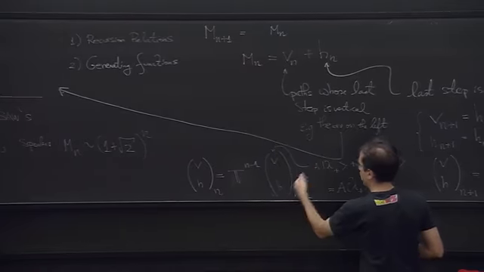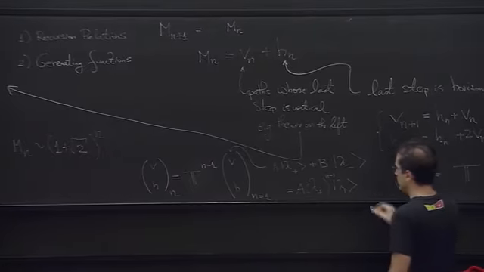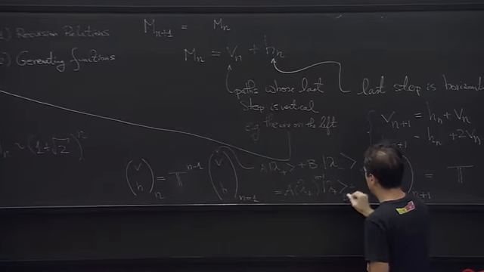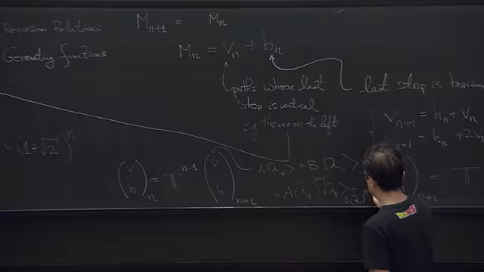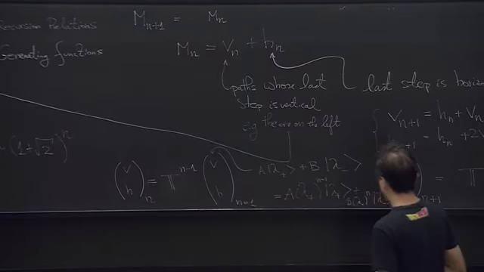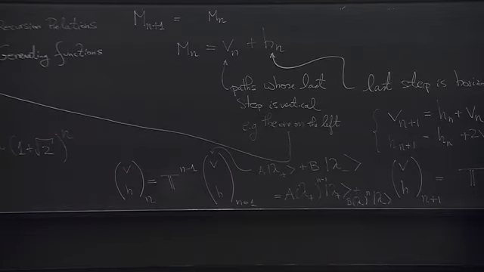This is a two-dimensional vector. I can always decompose it into two eigenvectors. Plus B lambda minus to the n minus 1 times the eigenvector for lambda minus. Right?